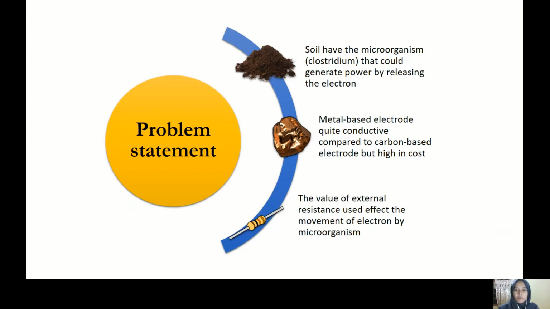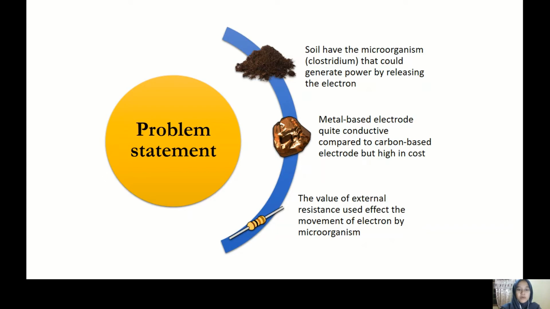Also, from previous studies, they mostly use metal-based electrodes, which we know are quite conductive compared to carbon-based electrodes, but metal-based electrodes are high in cost. And the last one is that the value of external resistance used affects the movement of electrons by microorganisms.